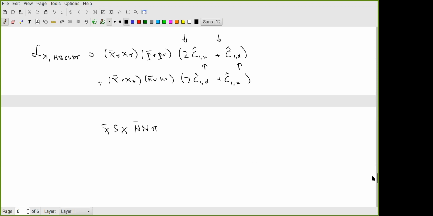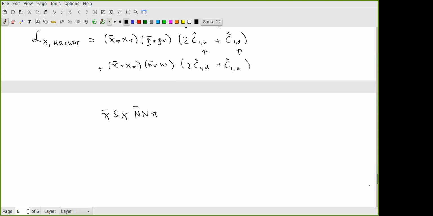Okay, but there's another way of doing this. So how do we couple the spin current to the nucleons? That's by recognizing that pions couple to nucleons. If you just have pure QCD, forget about dark matter, then there's a coupling between pions and nucleons, and it is of the following form.